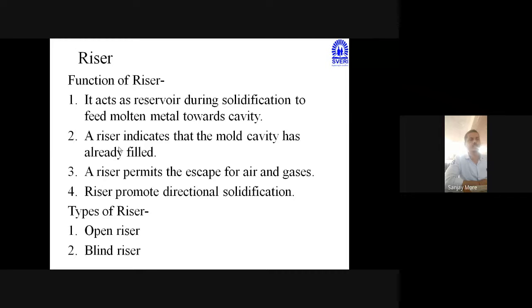Give the heading types of riser, and under that, open riser and blind riser.